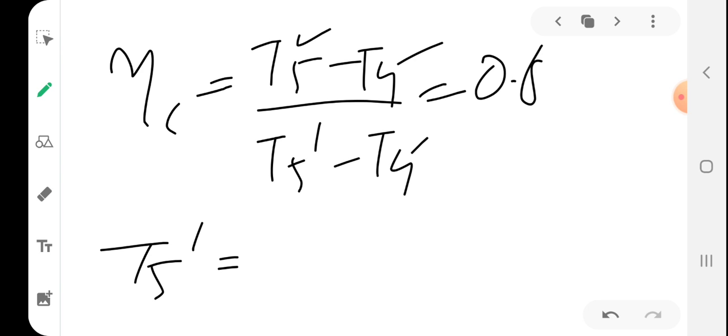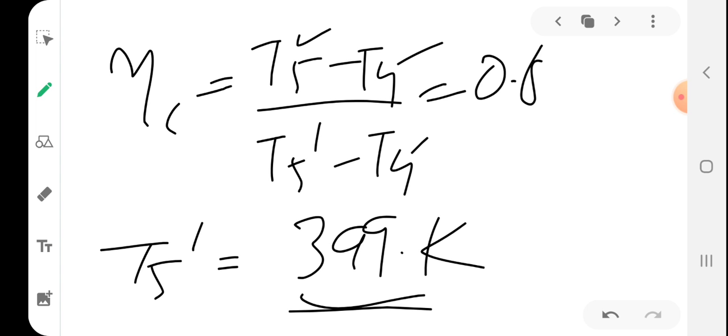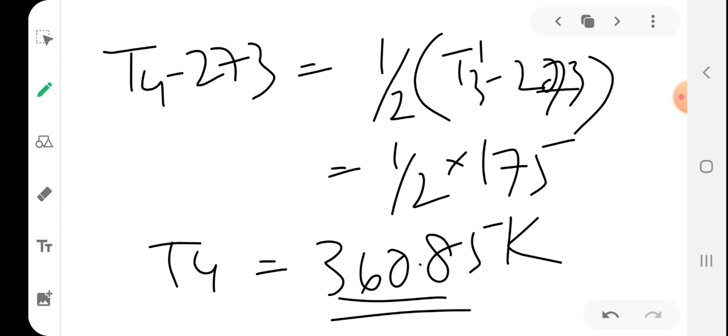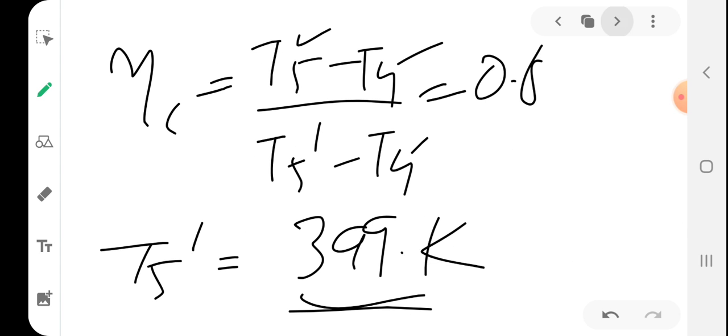You will get T5 dash as around 399 Kelvin. You substitute all these values, T5 is 391.5, T4 is 360, and you will get T5 dash. Okay, so T5 dash is obtained.